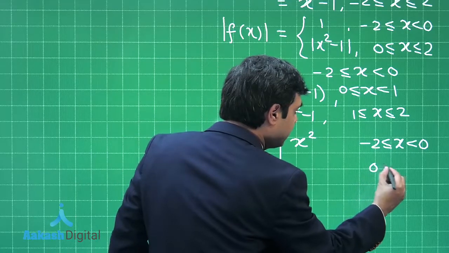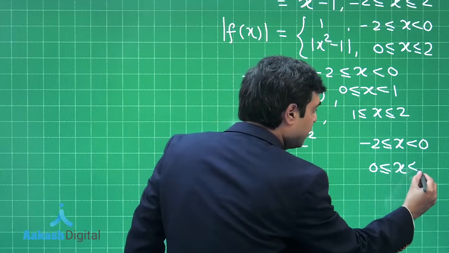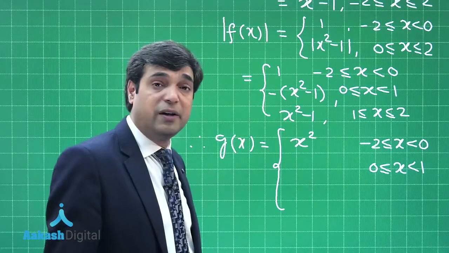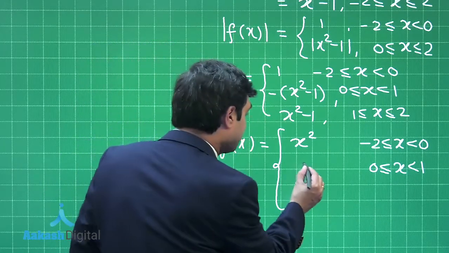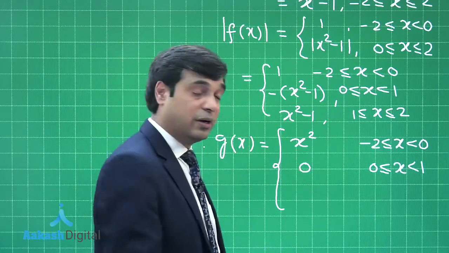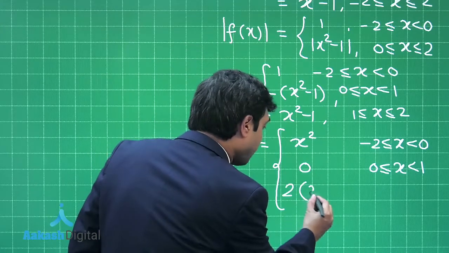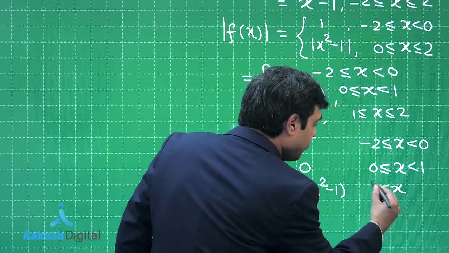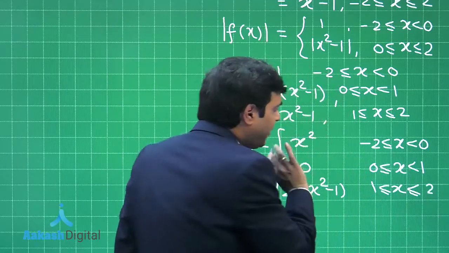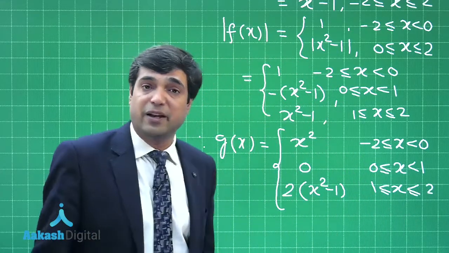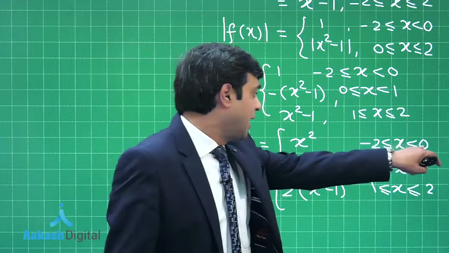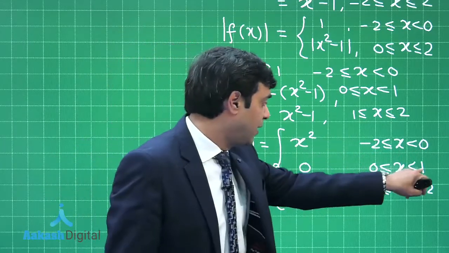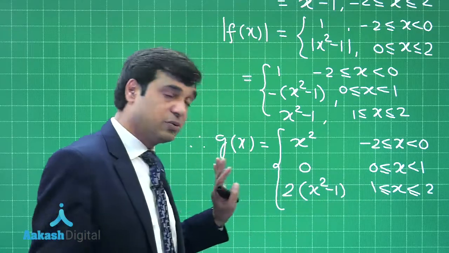Moving ahead, 0 to 1, it is negative of x square -1, while the other function is x square -1. So it becomes 0. Moving ahead, twice of x square -1 when x is in the interval 1 to 2. Clearly this is continuous in the open interval -2 to 2. As you can see, around 0 it is 0 and this one is also 0, while around 1 this part is 0 and the other is also 0.